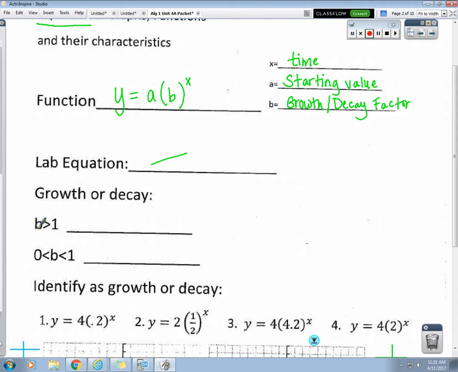If the b value, okay, so this number raised to the x, if this number is greater than 1, it's a growth. Okay, and a growth means that the curve would go up from left to right.